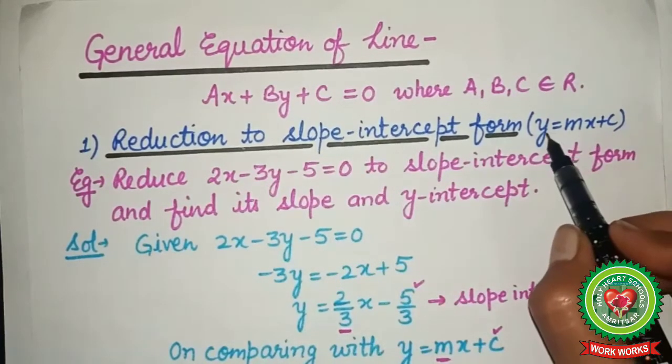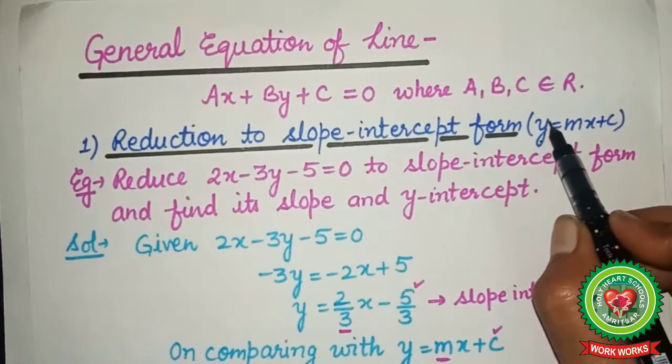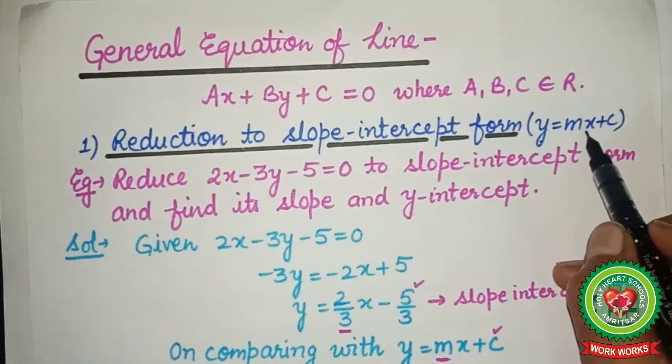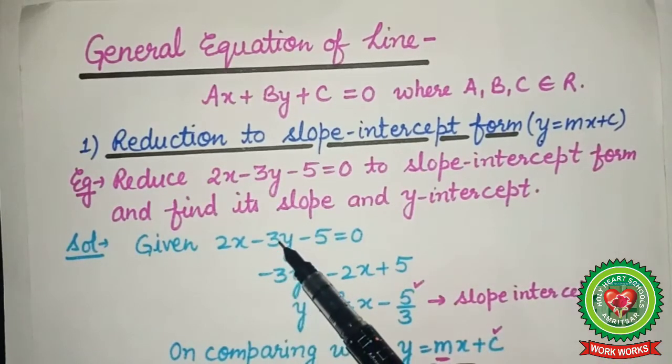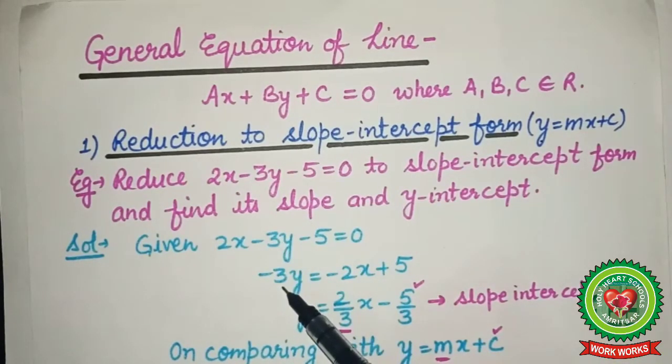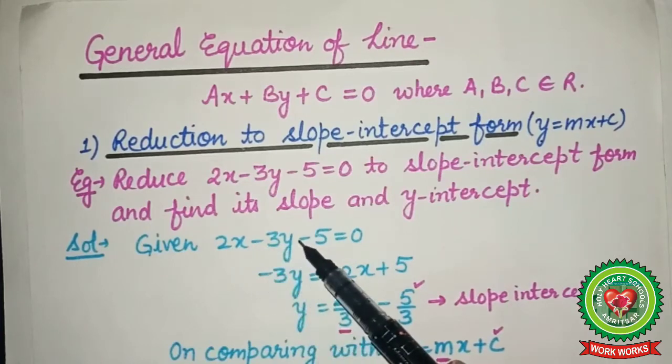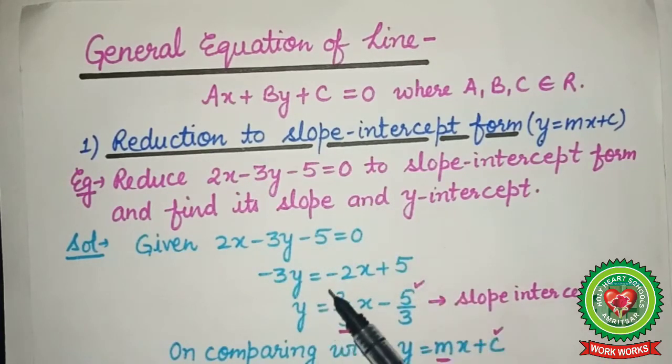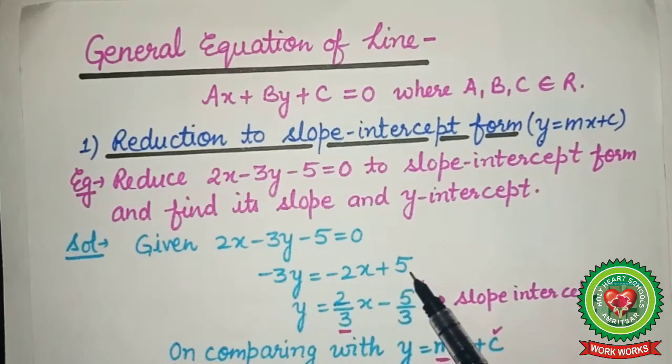For slope intercept form, we must have y on one side and other terms on the next side. So keeping minus 3y on this side and shifting other terms to the other side, they will change their sign. So we get minus 2x plus 5.